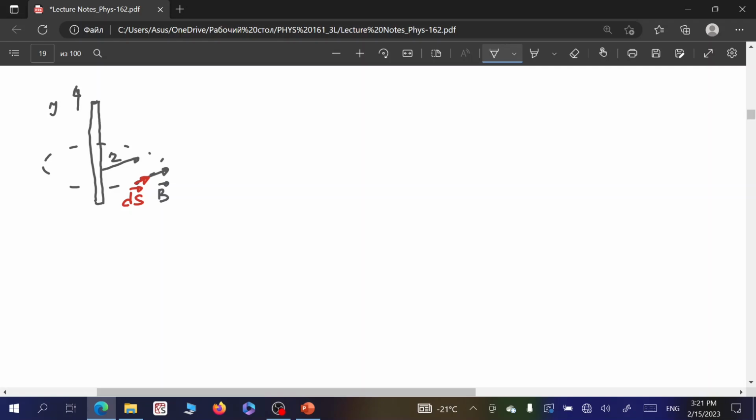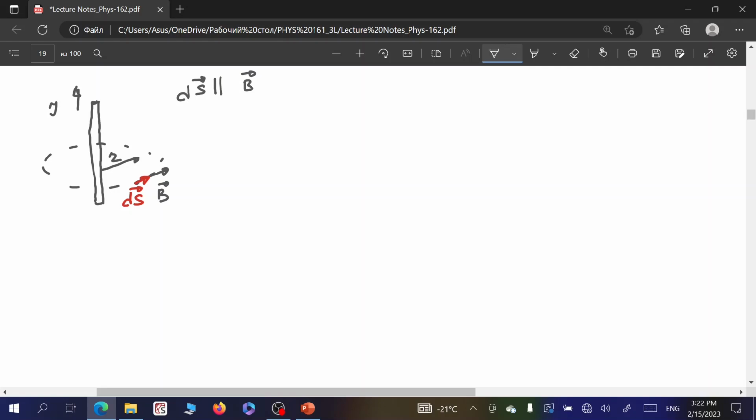Now we want to do some manipulations, but before, we need to specify that the ds vector will always be parallel to the B vector. It doesn't matter which point we choose, these two vectors will always be tangential to the circle, so they will remain always parallel to each other.